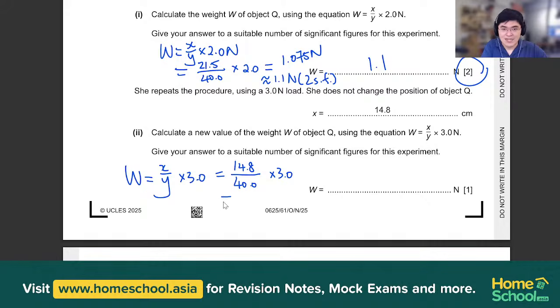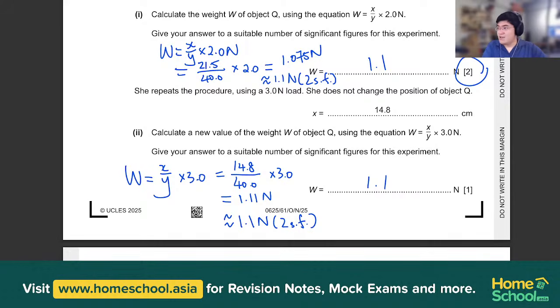Doing the calculations on your calculator, you should also get a very similar result, which is 1.11 newtons. And once again, let's round this down to two significant figures, which gets you 1.1 newtons, correct to two significant figures. So over here, let's write down 1.1 once again.